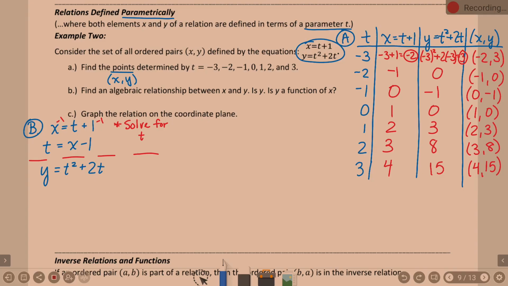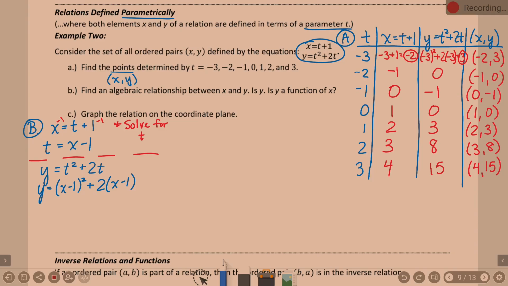Think substitution here, folks. Every place I see a t, I'm replacing with x minus 1. So y equals, instead of t squared, x minus 1 quantity squared, plus, instead of 2t, 2 times x minus 1.